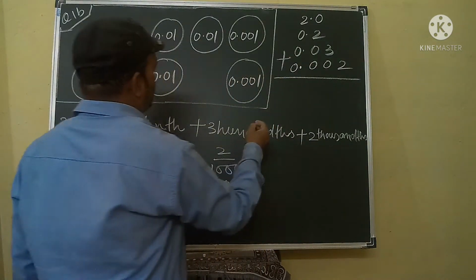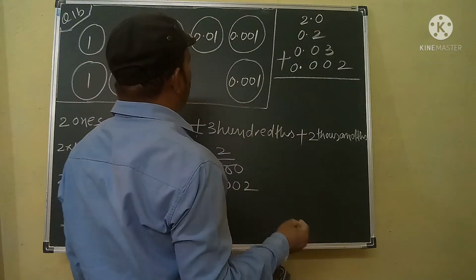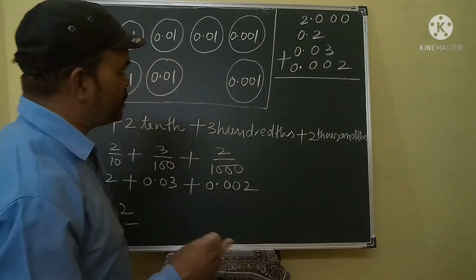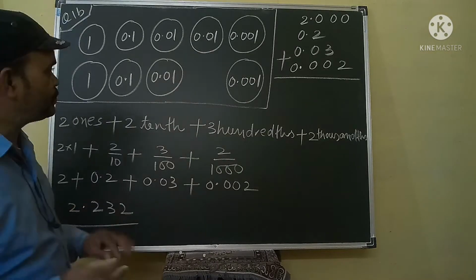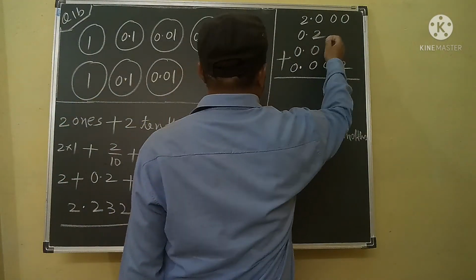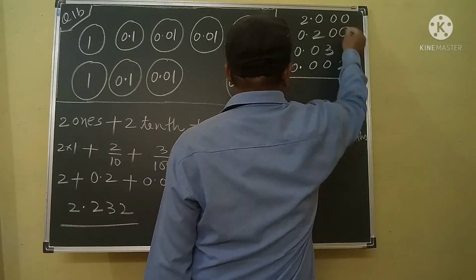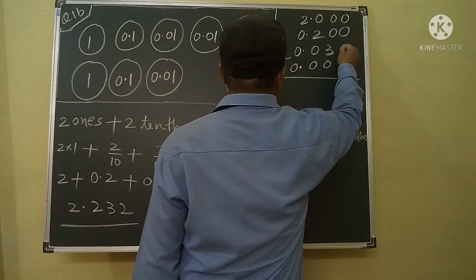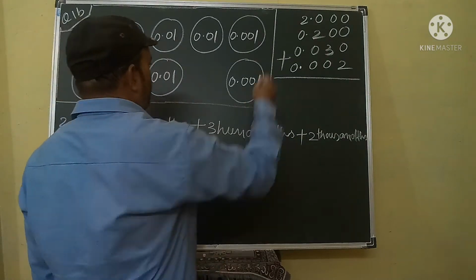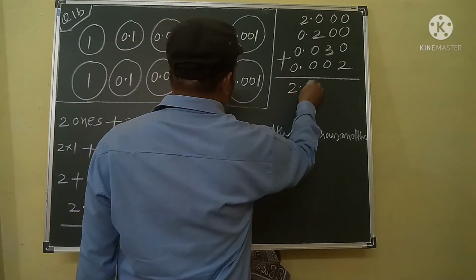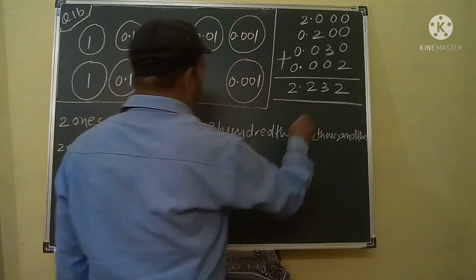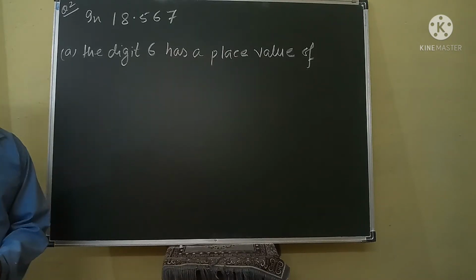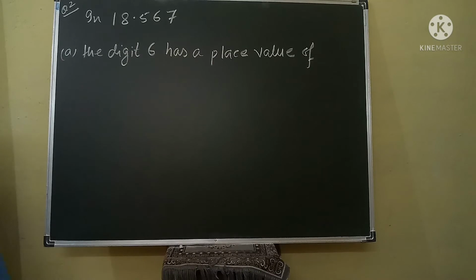After adding, 2.0 we can write as 2.000, or 2, both are the same. 0.2 we can write as 0.200, and 0.03 we can write as 0.030. Then we will add and get 2.232. 2.232 is the required answer.